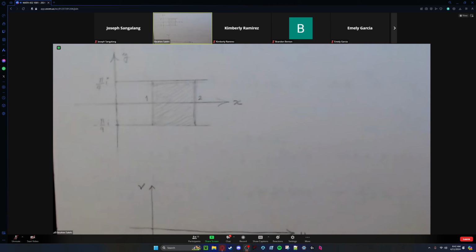Of course, we know that e to the z is never 0, so I'm going to have a little circle here to emphasize that e to the z cannot be 0.